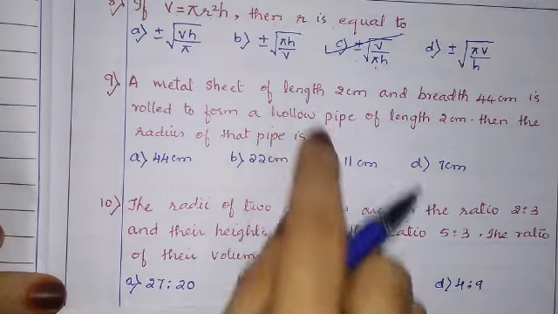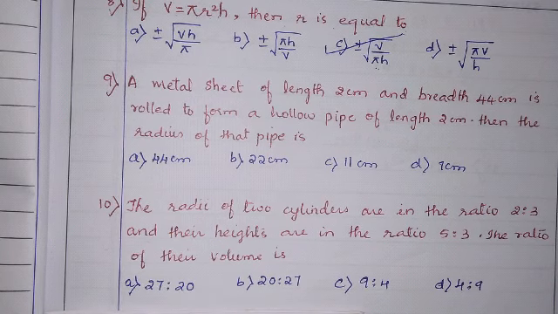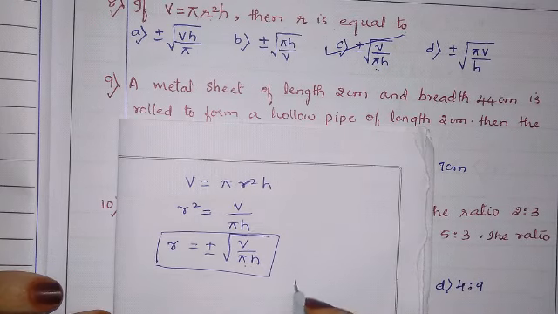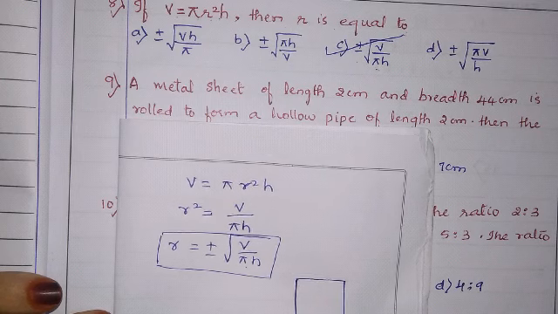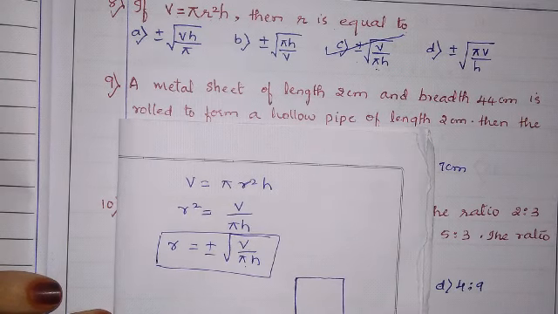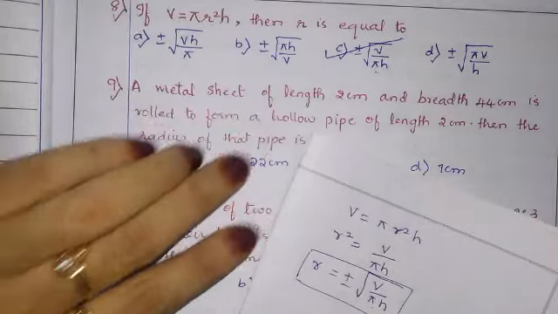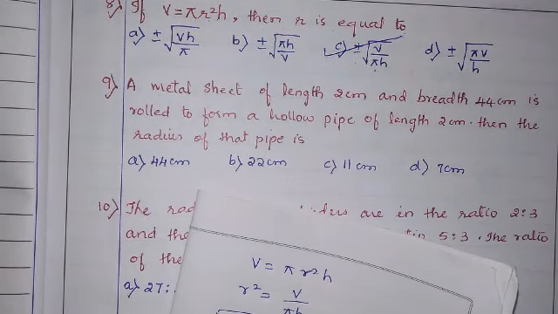Let us see the next question. A metal sheet of length 2 cm and breadth 44 cm is rolled to form a hollow pipe. What they have told is that the metal sheet is in a rectangular shape, because one side is length 2 cm and the other is breadth 44 cm. The rectangular sheet is rolled to form a hollow pipe of length 2 cm.